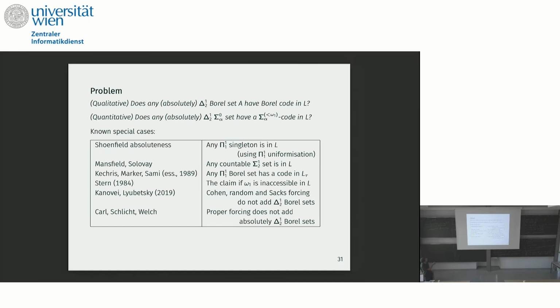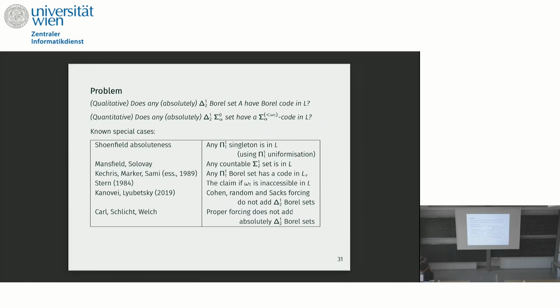This was the question that I'm interested in: does any Delta^1_2 Borel set have a constructible code? The quantitative version of this would ask, if it's a Sigma^0_alpha set, can you also find a code that's Sigma^0_alpha? I think it's interesting because it relates to various known results.